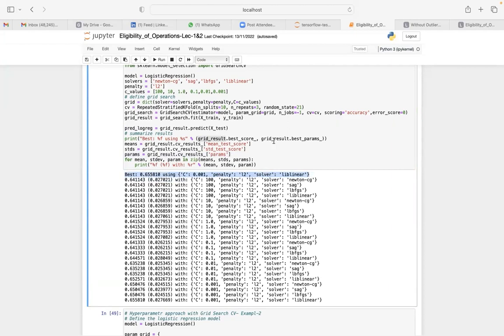Rahul, one question. Using n repeat equal to 3 and n split equal to 10, so total 30 times calculation will be there. Correct? 10 splits once, and then again that happens 3 times. So you cannot say that it's 30 times.